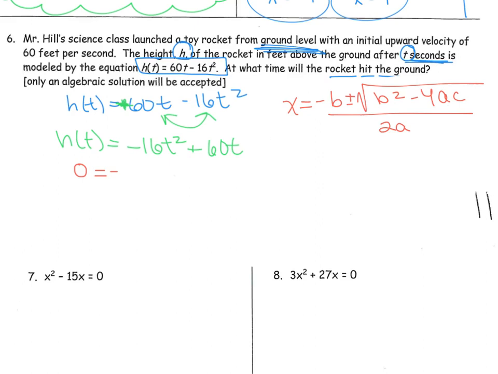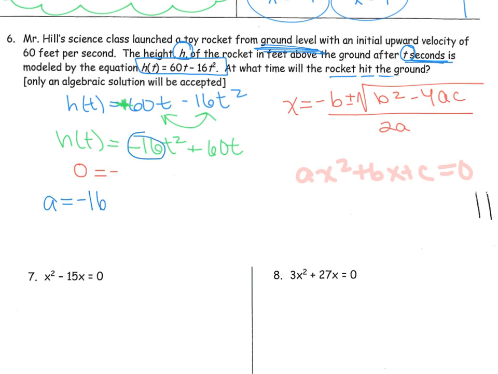All right, so now that we've set this equal to 0, we need to identify our a, b, and c values. So remember standard form, we have ax squared plus bx plus c equals 0. So if we look at the formula, we can see that a is negative 16.